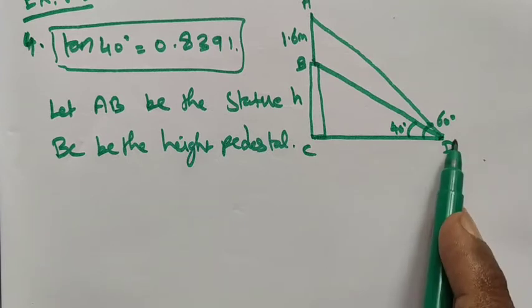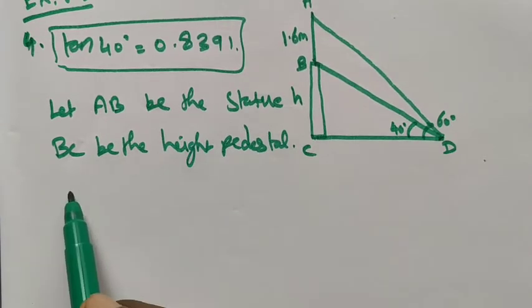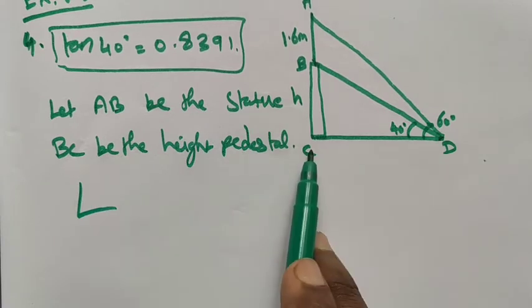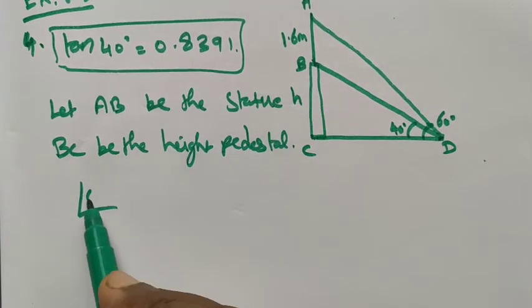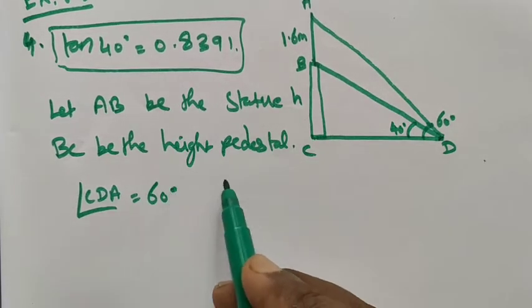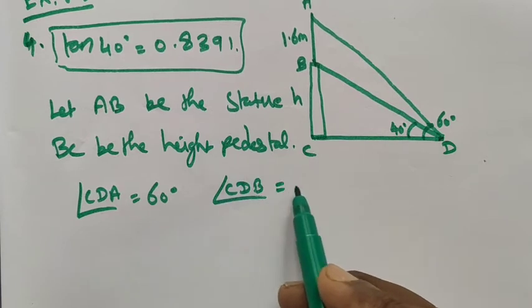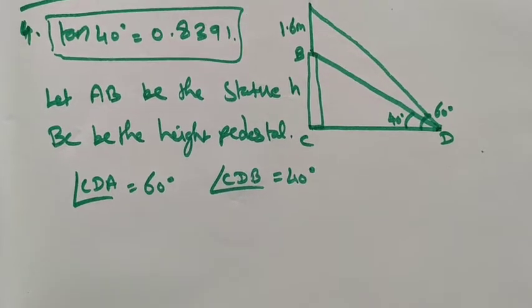D be the position of the elevation, right? And then the angle CDA, the biggest triangle, is 60 degree. The angle CDB is 40 degree.